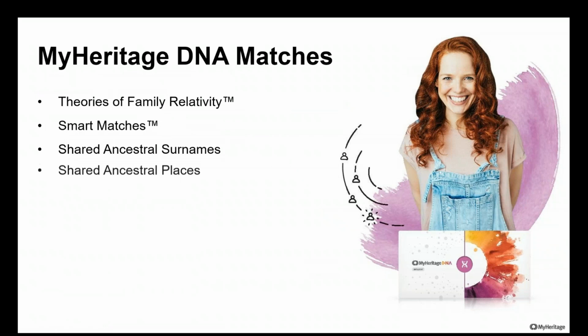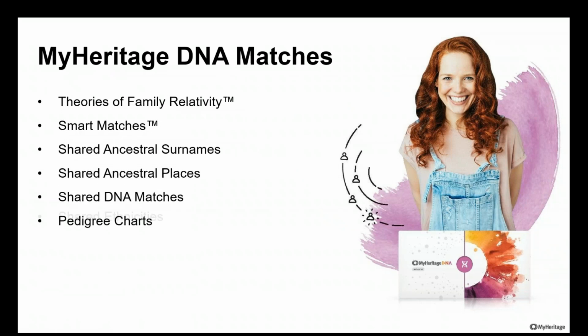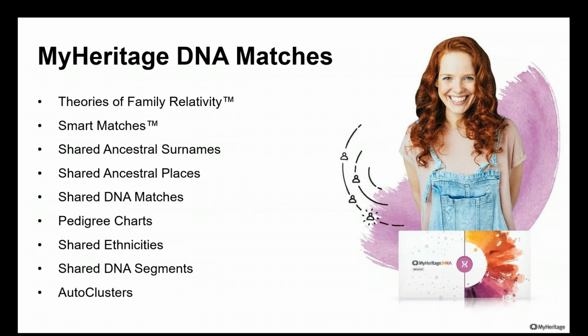So the theories of family relativity are part of the DNA matches that MyHeritage will bring you. Also, with the theories, MyHeritage will show you if you have a smart match, shared ancestral surnames and places, your shared DNA matches, pedigree charts, shared ethnicities, the shared DNA segments, and the autocluster as a tool to find out how you are related to other people.